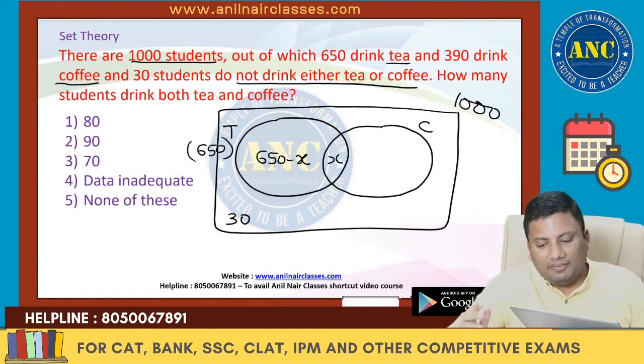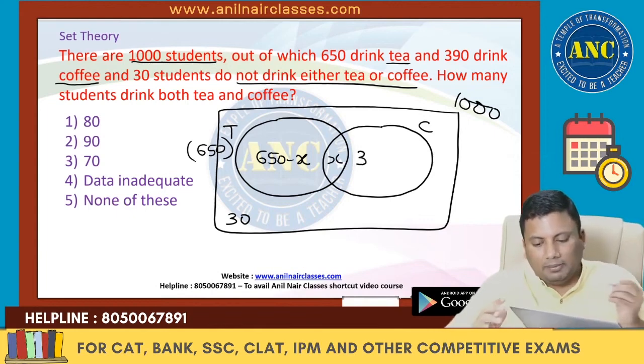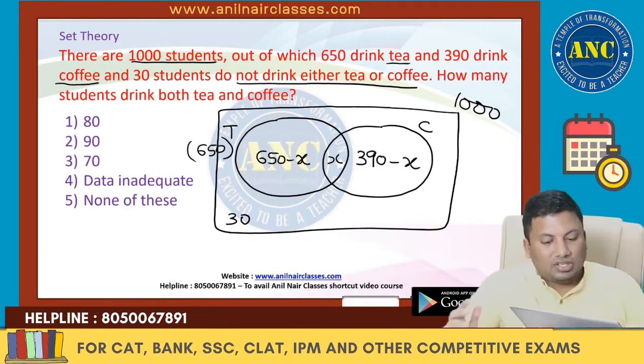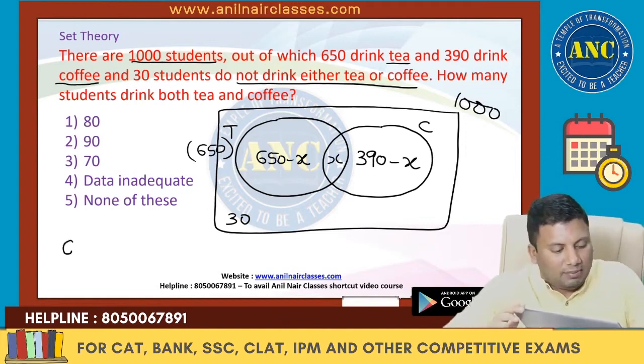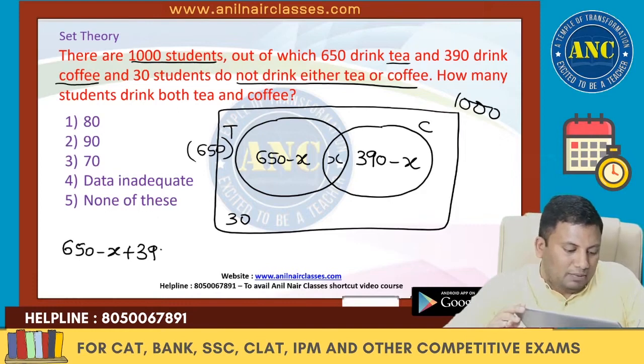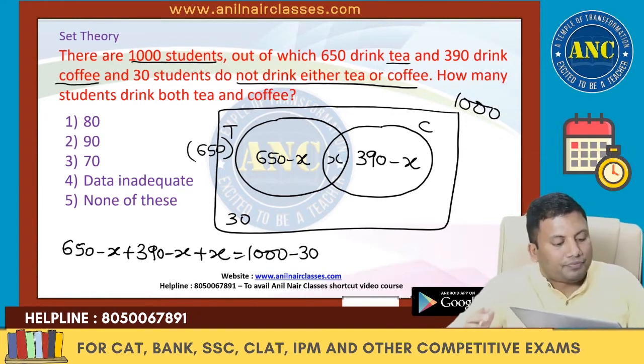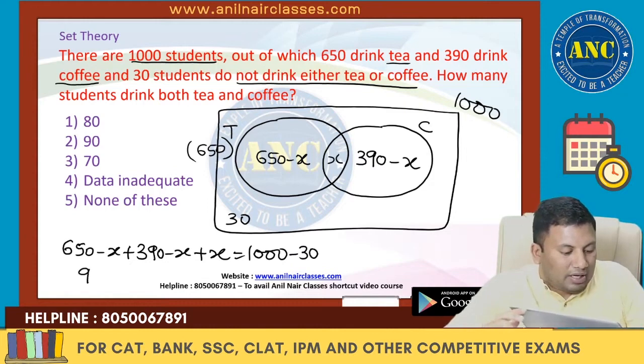Coffee is 390 minus X. So it is 650 minus X plus 390 minus X plus X, only 1 plus only 2. It is nothing but n of A union B, which is 1040 minus X, equivalent to 970.